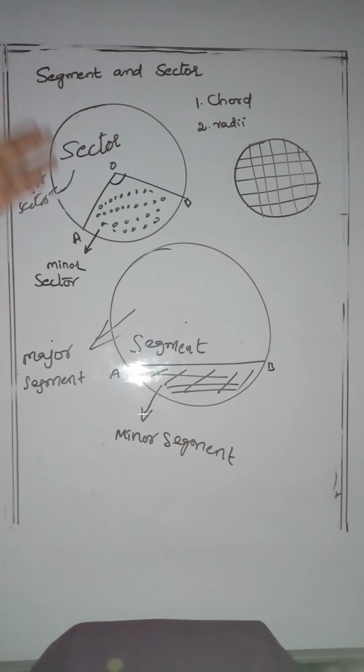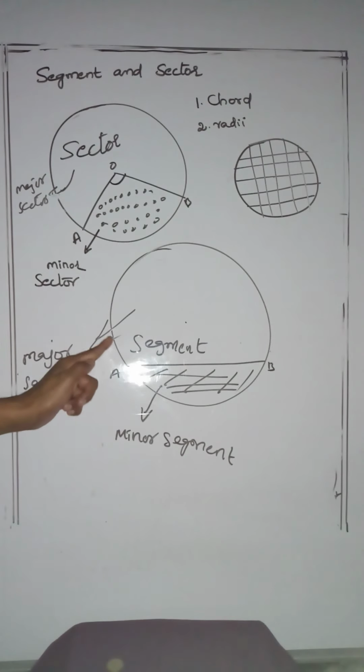Make the angle equal to 180 degrees, then the sector will divide the circle into two equal parts. That is called a semicircle. Now if I make the segment, that is the chord, travel through the center of the circle, then it becomes a semicircle. See the things here.